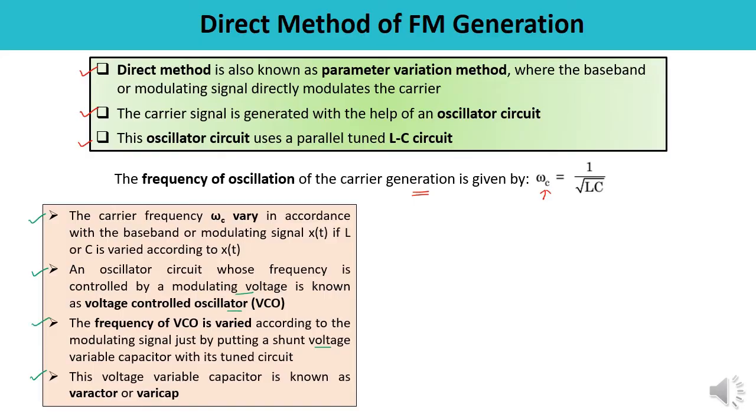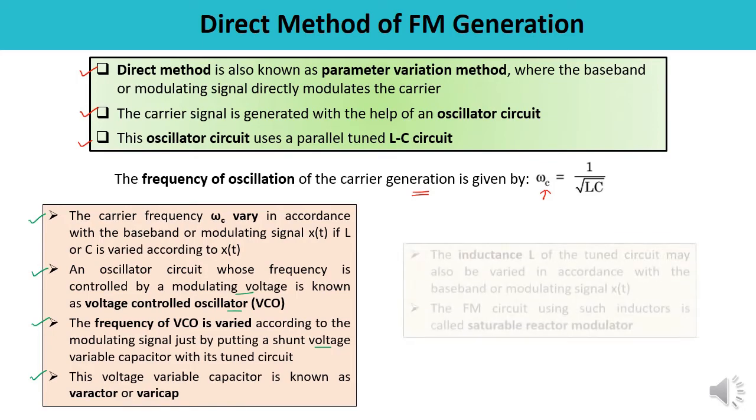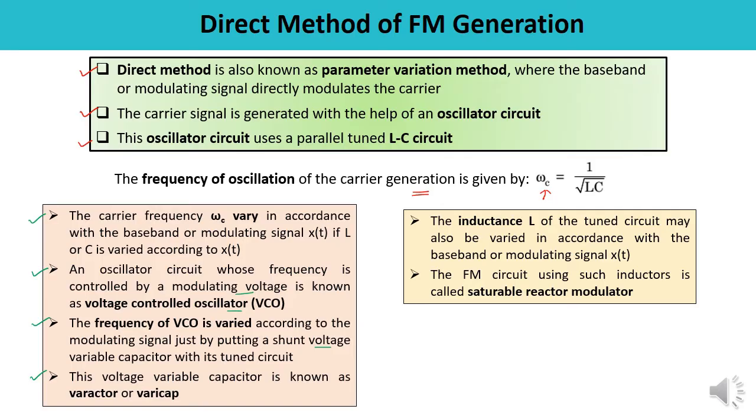As we are talking about the values of inductor and capacitor, the inductance of the tuned circuit can also vary according to the baseband or the modulating signal. So if the inductance of the tuned circuit is varied, then such FM circuits which use variable inductors are known as saturable reactor modulators.